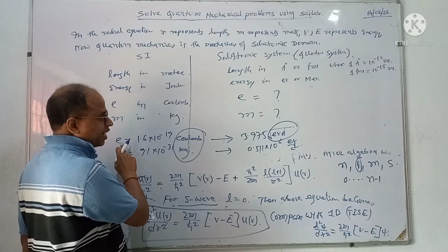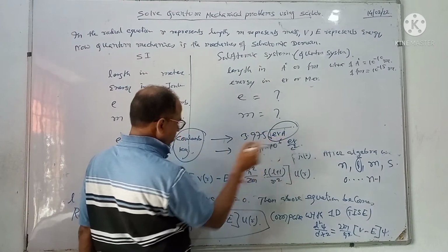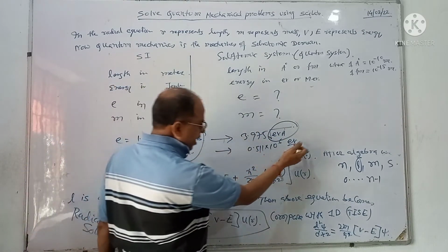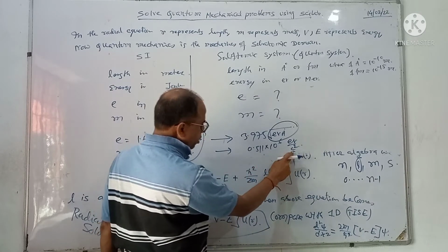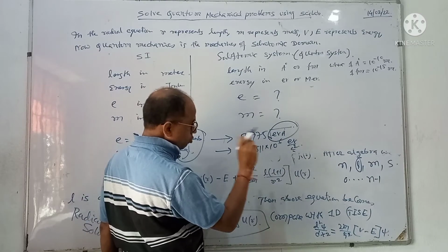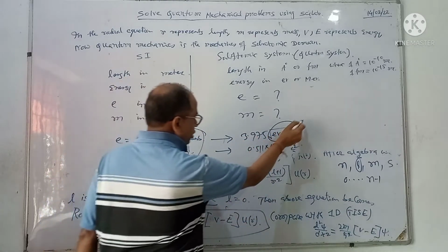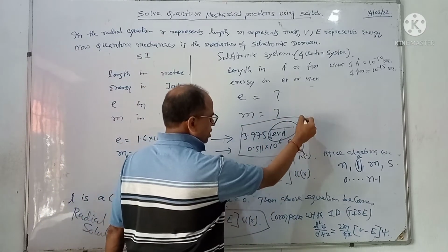Therefore, charge is measured in electron volt angstrom and mass is measured in electron volt by c square. C is the velocity of light. This one I will show. Now, how I got this value? Next, I will show.